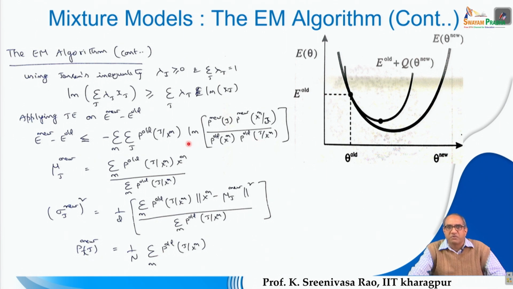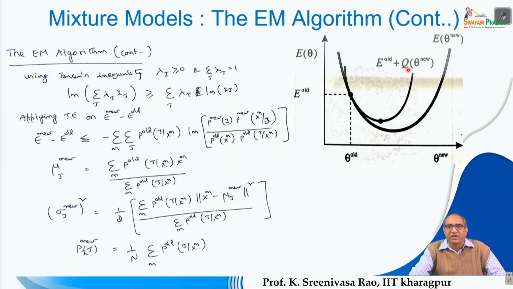When you compute E new, E old can be moved to the other side, so E new is less than or equal to E old plus this term. Suppose we consider this term as some q. This E new should be less than E old plus q, so q has to be decreased every time.